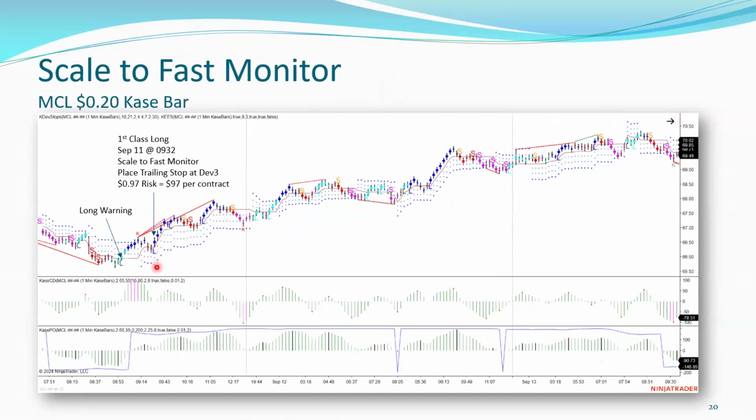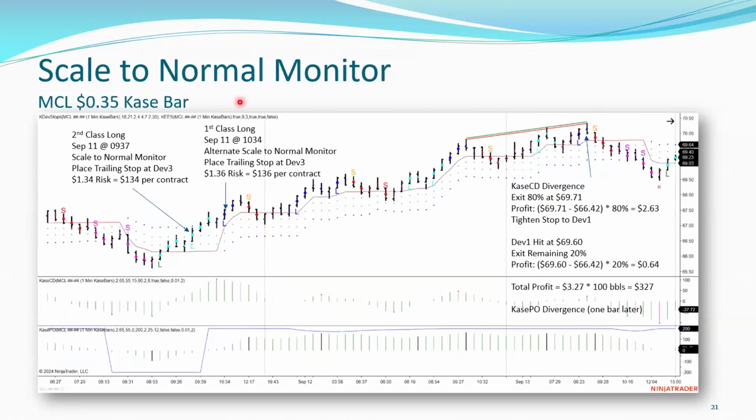When we scale up, all we're doing is taking more risk. We're moving our stop, widening it to dev 3 on the fast monitor. Same process: look for exits, look for dev stop hits. If we don't get those, then we scale up to the normal monitor, and we ride that trend on the normal monitor as far as it's going to take us.